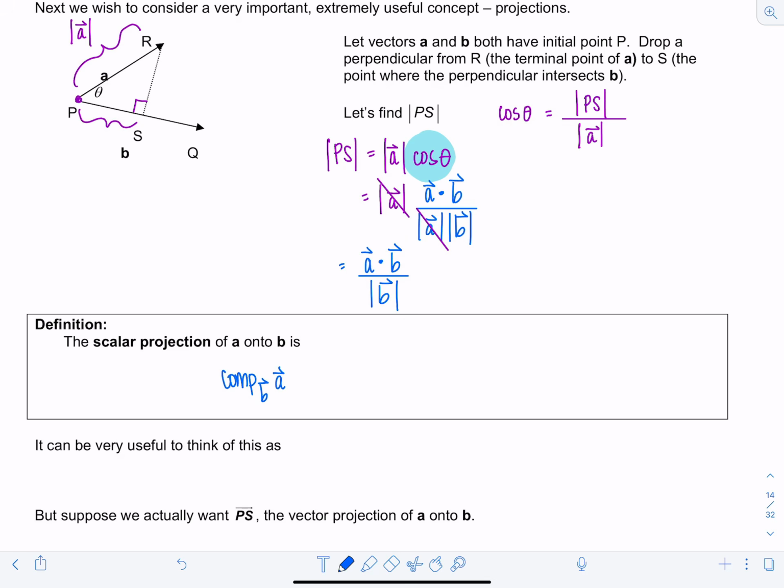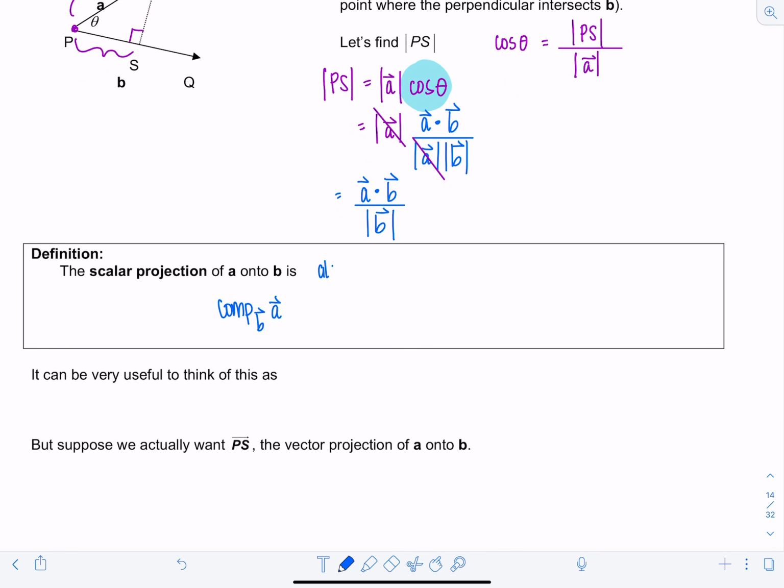Okay, so whatever you're projecting along, that's the subscript, and then the vector that you're projecting is in normal case with where you write COMP. This is also called the component of A along B, and its definition, we have it above.